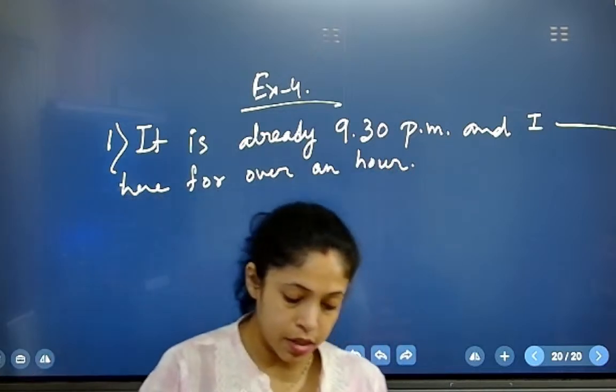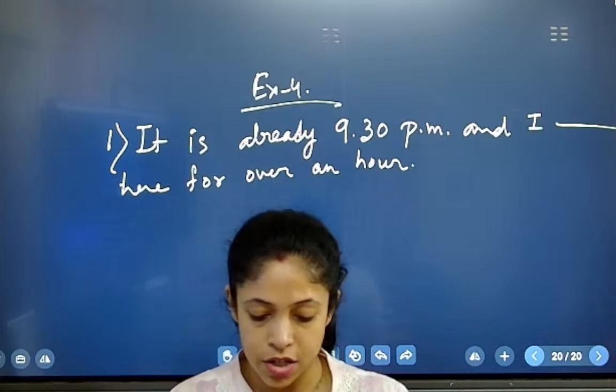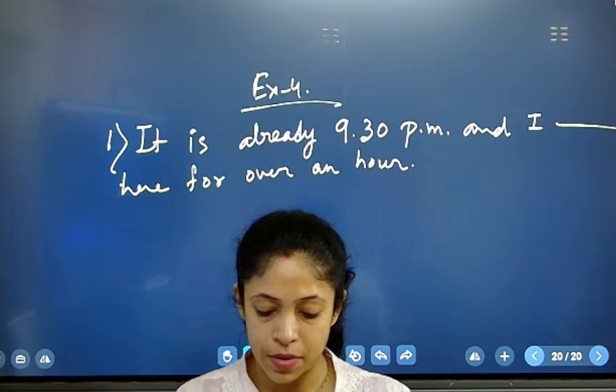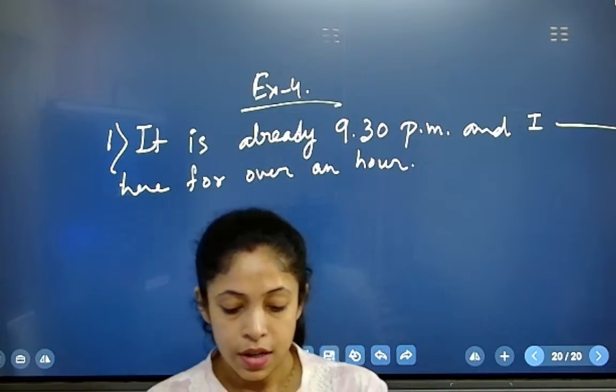It is already 9:30 p.m. and I wait dash here for over an hour. If John does not get here in the next 5 minutes, I am going to leave.